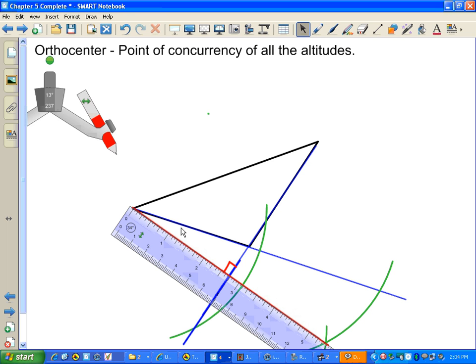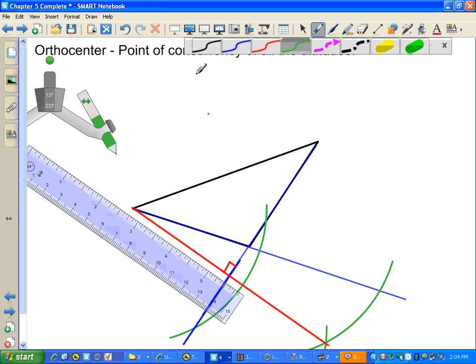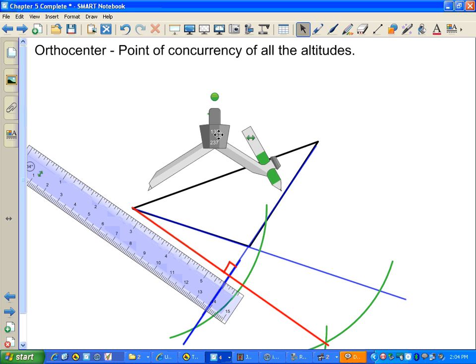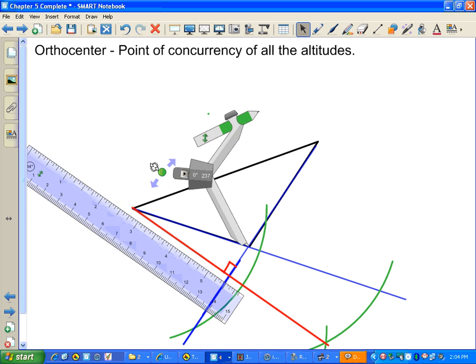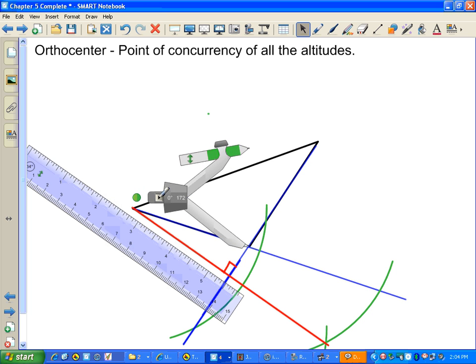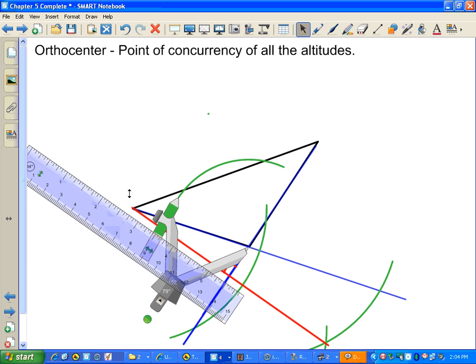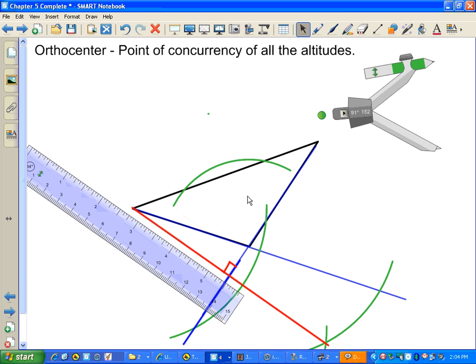Yep, okay. Then we'll do the next one. So I need another circle. Let's do this one. From this vertex, I want to touch this side twice. So I'm going to make a little bit smaller circle because I don't need quite as much. Now I've got my 2 points and I bisect.